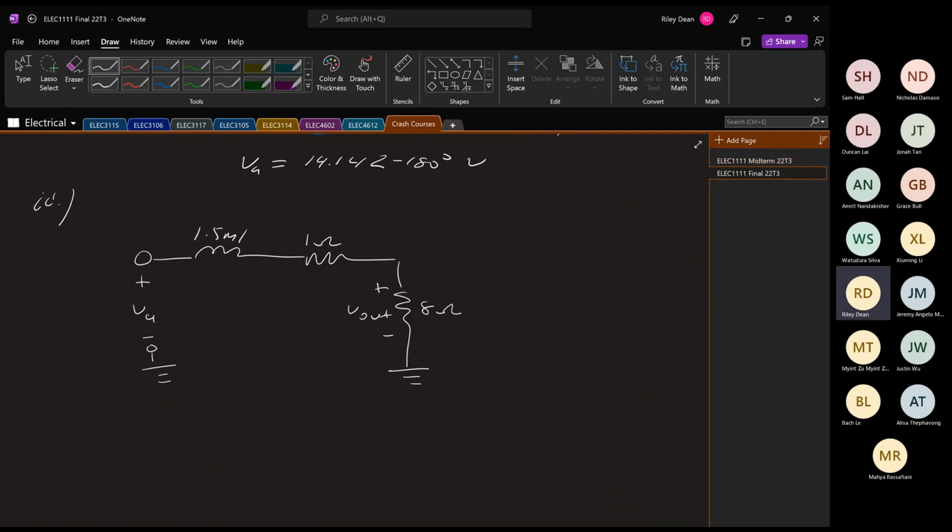Now, we have 1.5 millihenries of inductance there. As we mentioned before, we need to convert this to frequency domain. Using jωL, we have j times 1,000 times 1.5 m, which gives us j1.5 ohms.